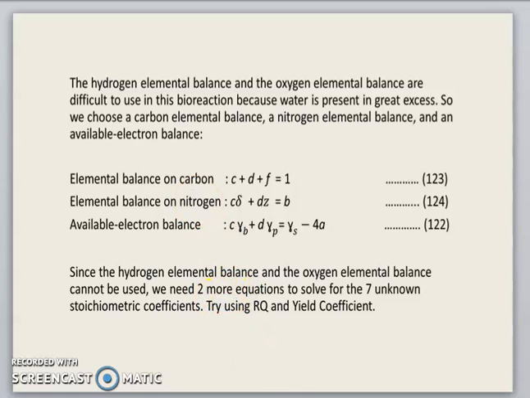Since the hydrogen elemental balance and the oxygen elemental balance cannot be used, we need 2 more equations to solve for the 7 unknown stoichiometric coefficients. Then you have to use the RQ and yield coefficient to help you solve for the unknown stoichiometric coefficients.